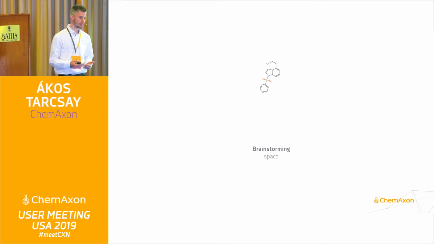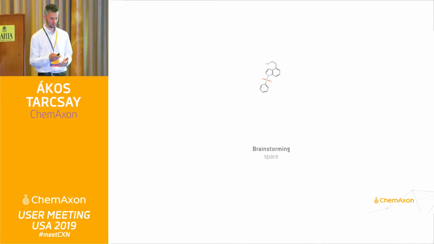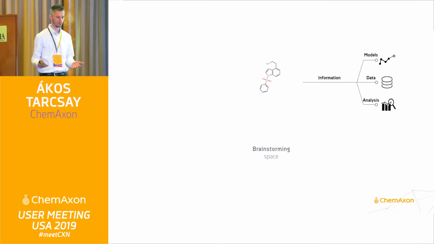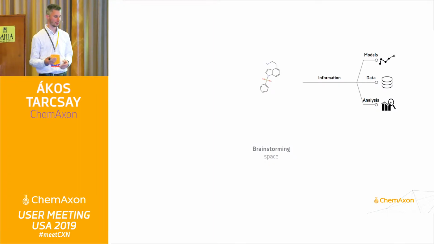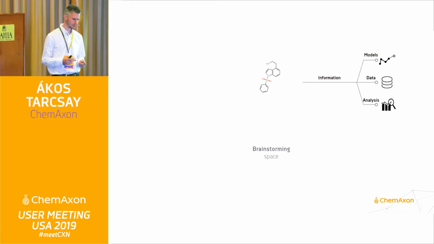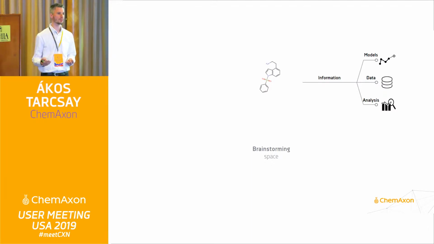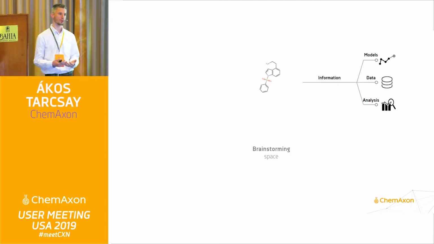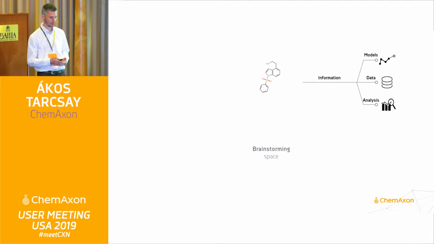And that's the field where Marvin Live comes into the picture, where you have a brainstorming space, and this is coupled to an array of services that will ship you information, and these can be computational models, or even large databases, or pre-processed, analyzed data like MMP, which will tell you something about the SAR itself, not just the raw data sitting in your database.